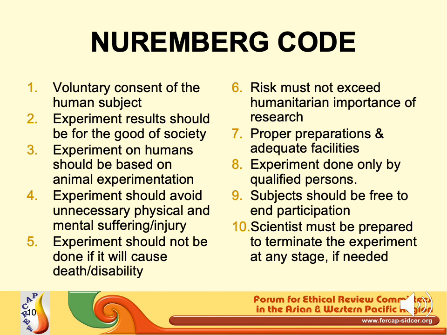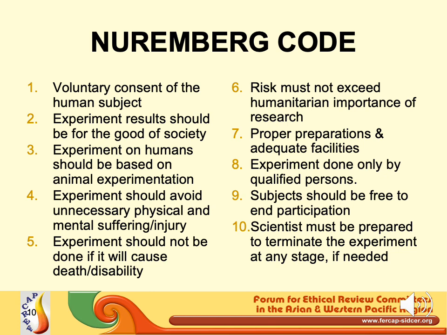Third, experiment on humans should be based on animal experimentation. In other words, you do your experiments on animals first to see if it will do them some good or to see whether it will cause harm, and the data will be used in order to determine the safety on human participants later on.